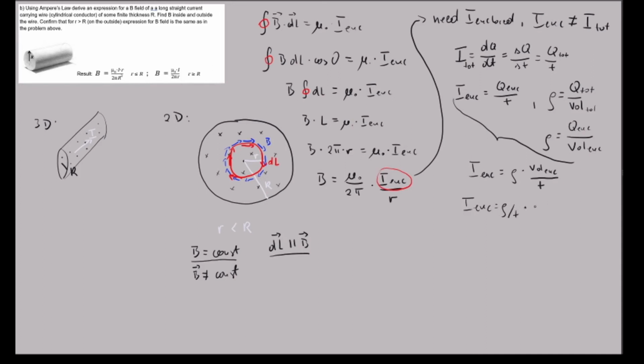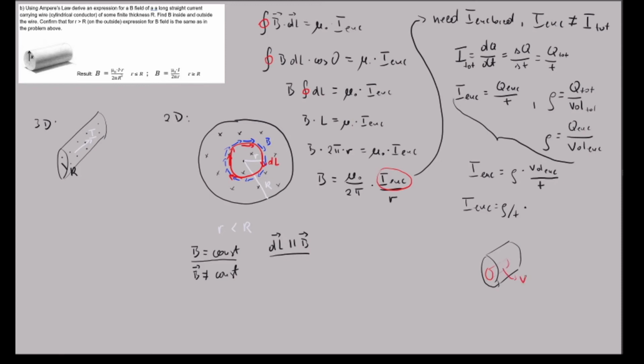Now, volume enclosed, well, you have to look at it this way. What you're looking at is a whole cylinder. It runs like this. But within the cylinder, you have this little loop, and it's that loop here that determines the volume that you're interested in.